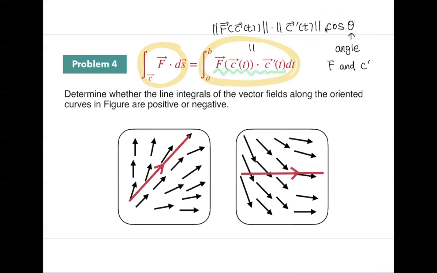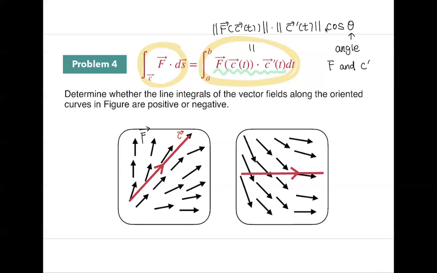So let's think about the first case. I draw the line here. We want to integrate the vector field along this curve, actually this line. This black arrow represents the vector f, and this red line is our c of t.